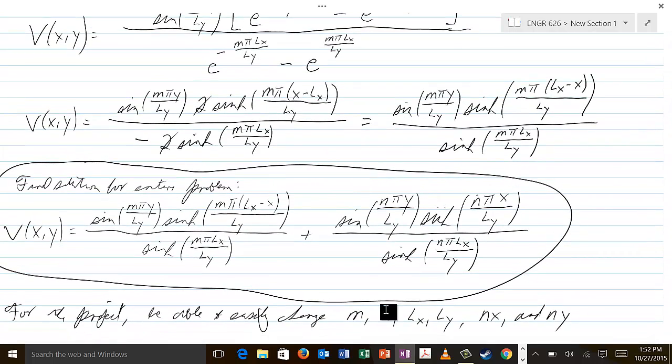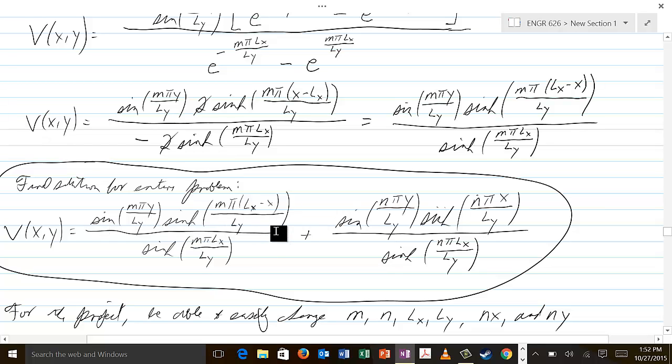So this becomes sinh of 0, which is 0, so this term will drop out. And when x is equal to Lx, we get sinh of n pi Lx over Ly over sinh of n pi Lx over Ly. These two terms cancel, and indeed we're left with sine of n pi y over Ly. So this expression definitely satisfies the boundary conditions on the left and right.